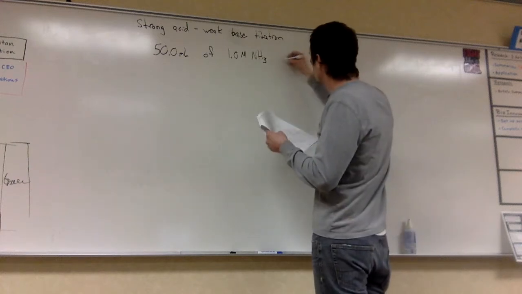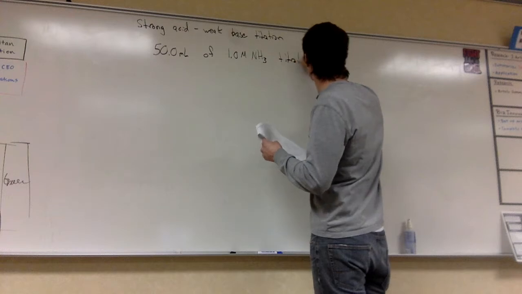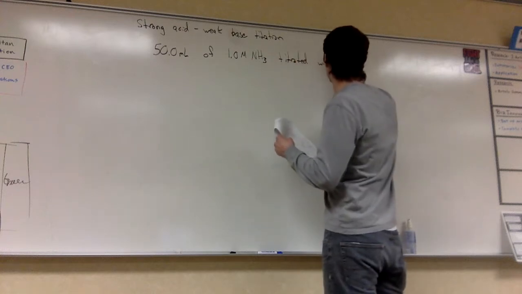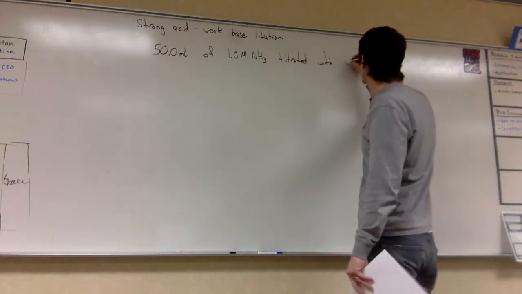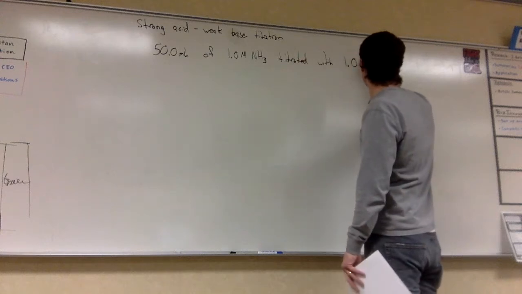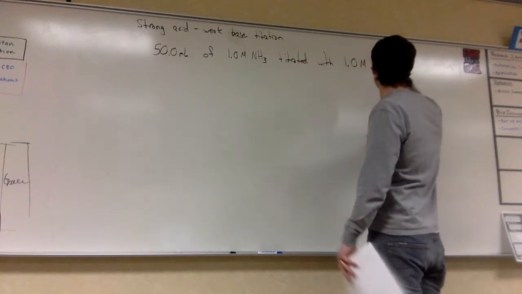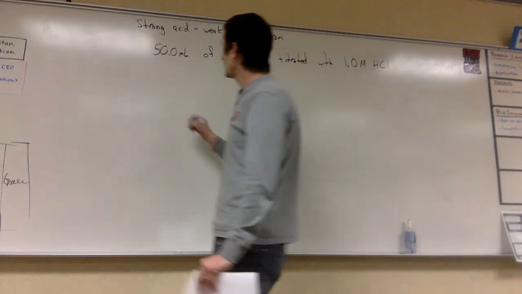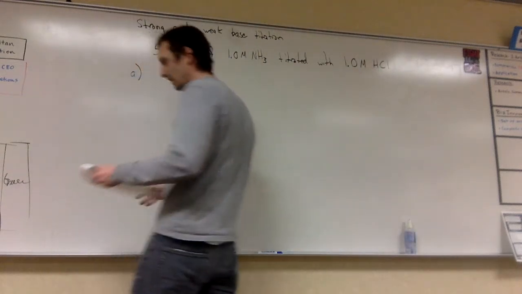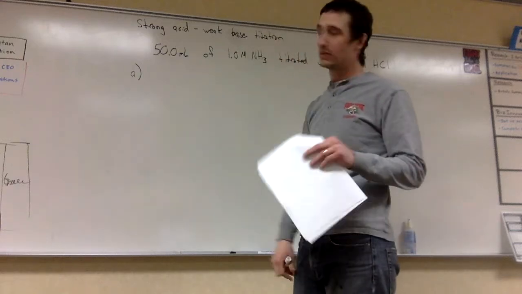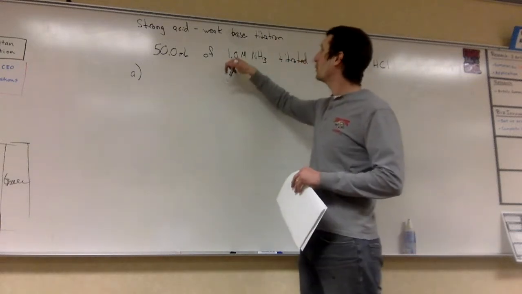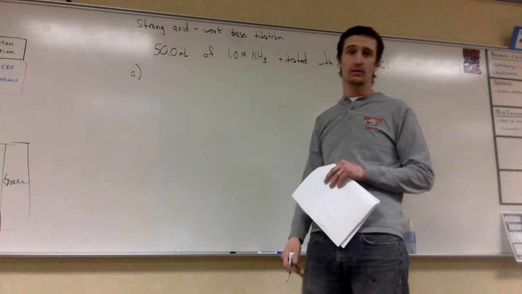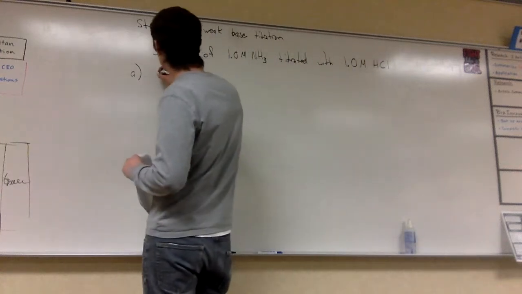It is titrated with 1 molar HCl. What we need to first calculate is the initial pH. In other words, what is the pH of that 1 molar ammonia solution?